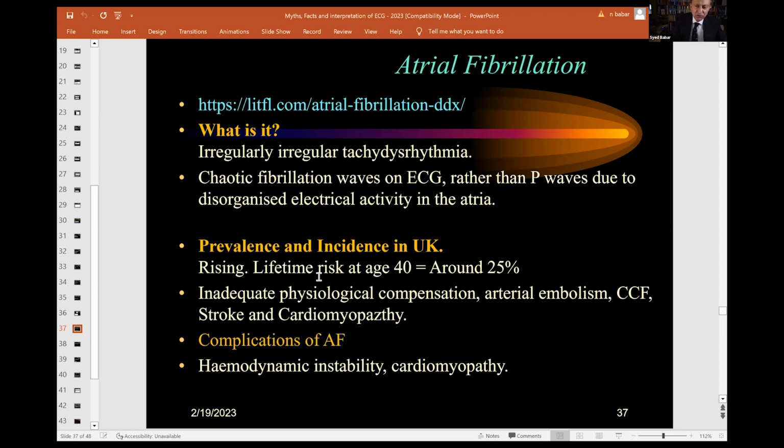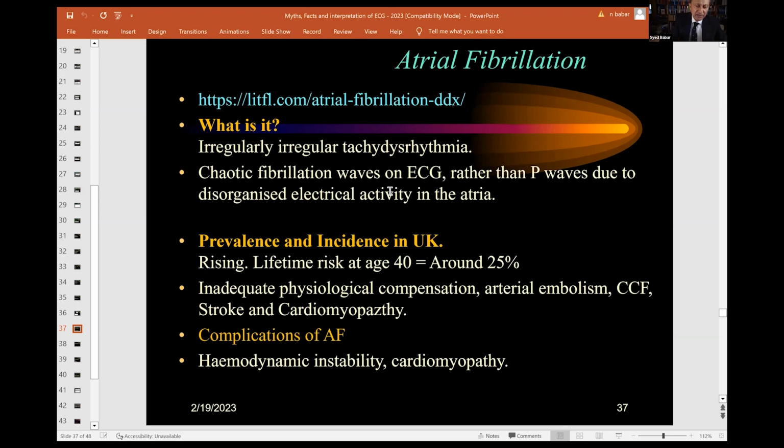And it's due to arterial embolism, CCF, stroke, cardiomyopathy. Complications of AF would be hemodynamic instability, cardiomyopathy, and of course ischemia, wherever it is transmitted to.